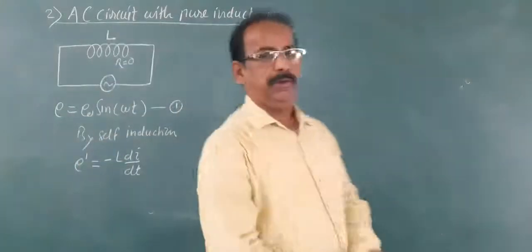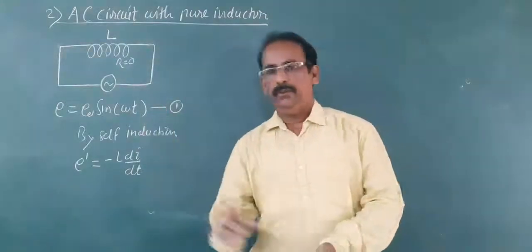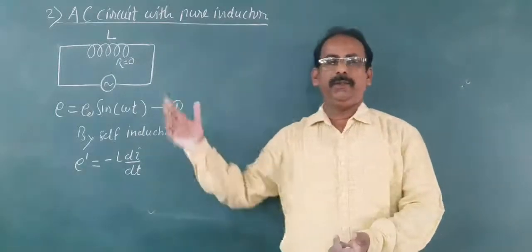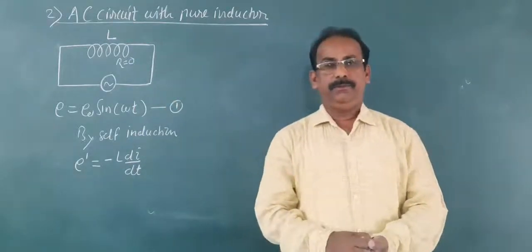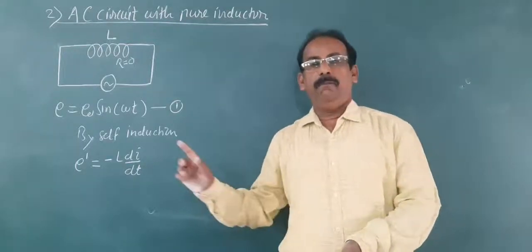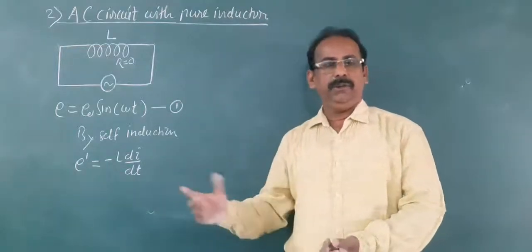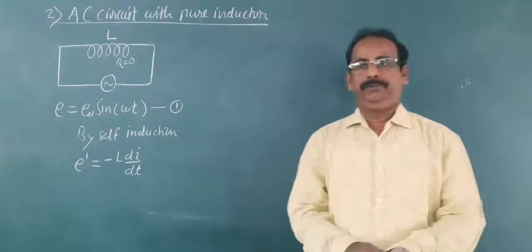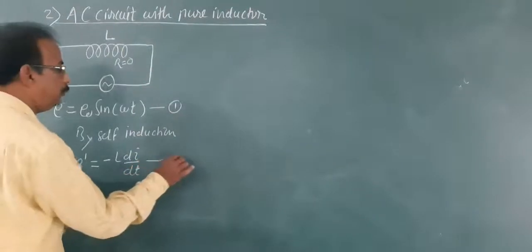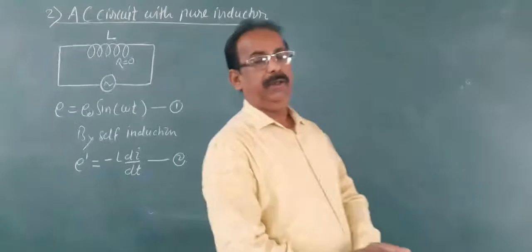Suppose I represents the current in this circuit. Current is time varying, therefore in that inductor, EMF will get induced. This induced EMF, denoted by E dash, is minus L times di by dt. This is equation 2.